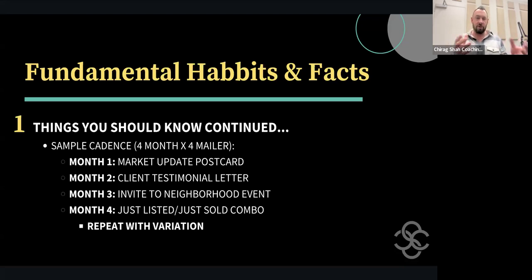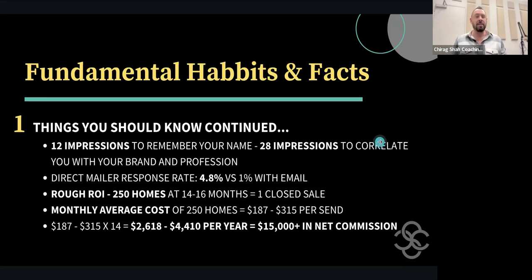But that cadence, if you're going to do the minimum of every month, is a 4-month window of 4 different types of mailers. I don't mean different communications, you're sending all of these by mailer, but different types of asks or ideas. Then you can repeat those throughout the year. And I'm going to give you guys a bunch of creativity if you don't want to do that.